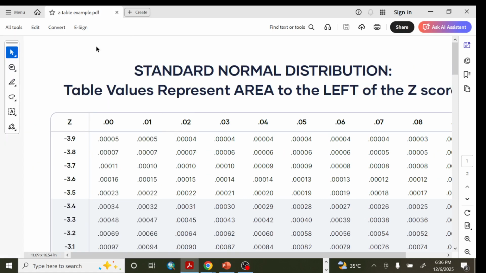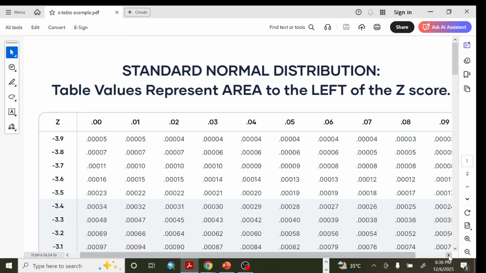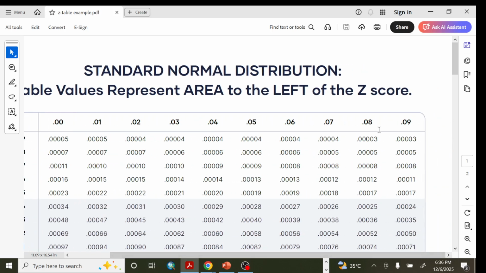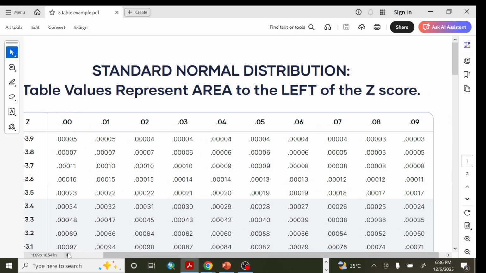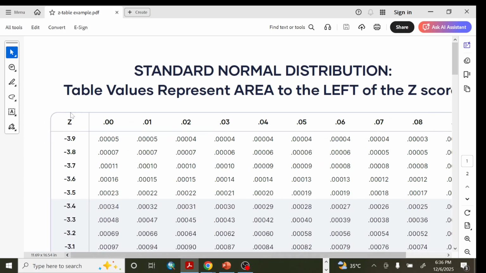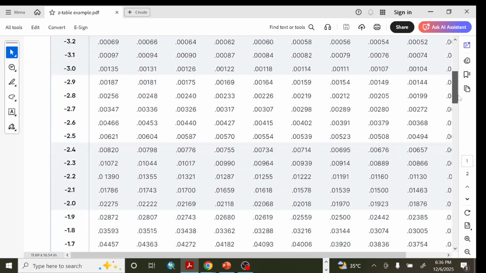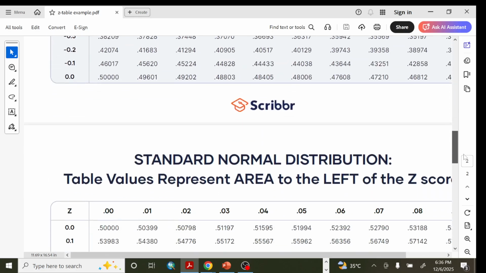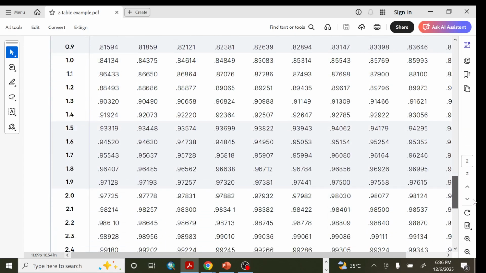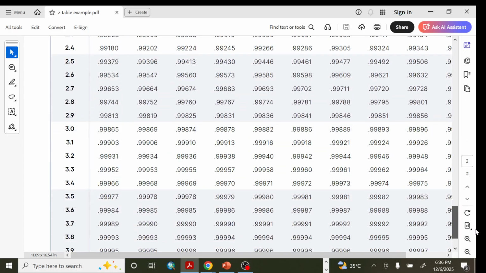So this is the table. You have the probability from 0 up to 0.09. Then the column here, you have the z-score. You have the z-score from negative scores to 0 to positive scores.